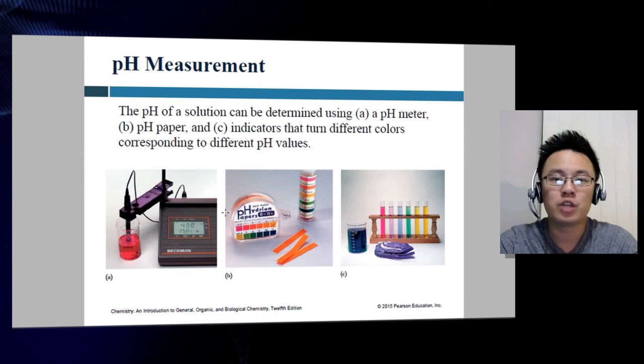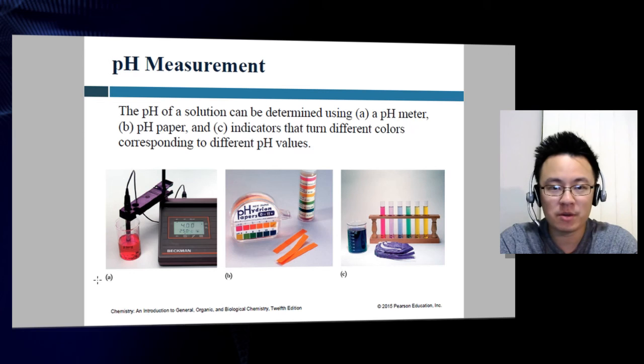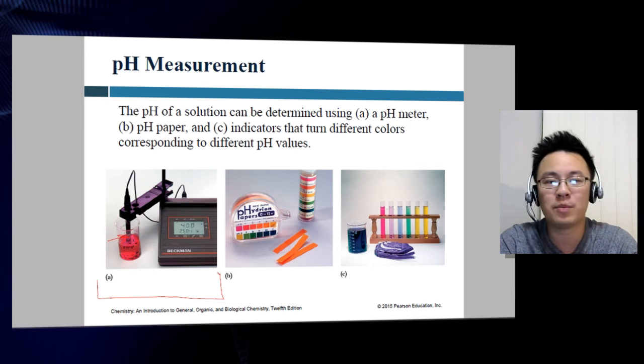Now, the pH of a solution can be determined using, of course, a pH meter, as I mentioned a few moments ago. Here's an example of a pH meter. There is a rod right over there in a particular solution, measuring that particular pH. We can also use strips, which change color based upon the pH, and we can use test tubes.